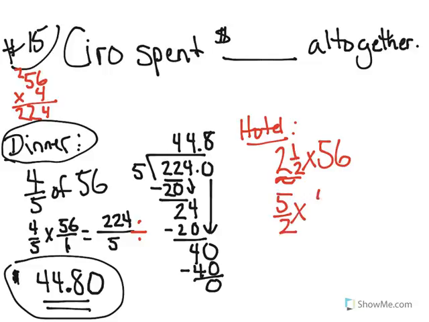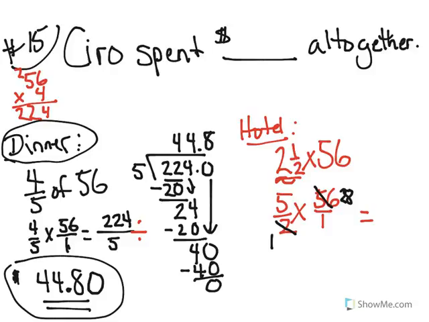And that's multiplied by 56 with a denominator of 1, because remember I need to have two fractions. So on this problem I can cross divide. I can say, and I'm going to switch, 2 divided by 2 is 1, and 56 divided by 2 is 28. And that will help me to keep my numbers smaller.